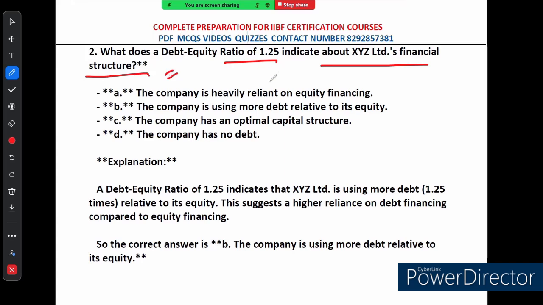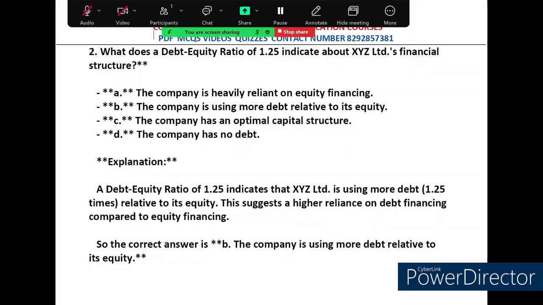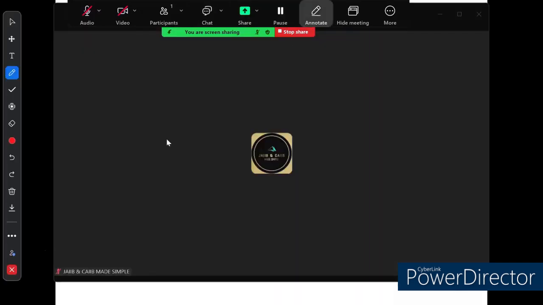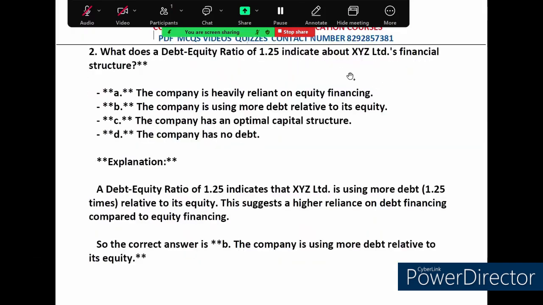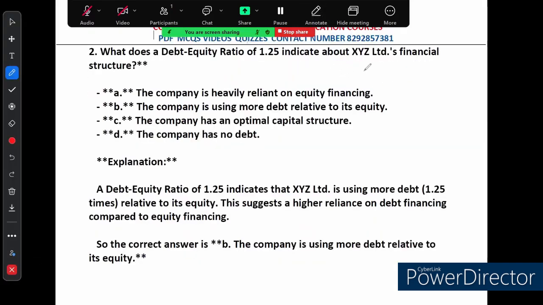Options are: the company is heavily reliant on equity financing, the company is using more debt relative to equity, the company has an optimal capital structure, the company has no debt. DER is 1.25. What does it mean? It clearly means that for every 1 unit of equity, the company has 1.25 units of debt.